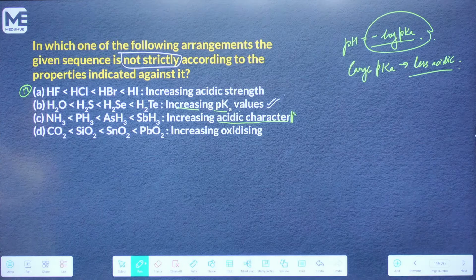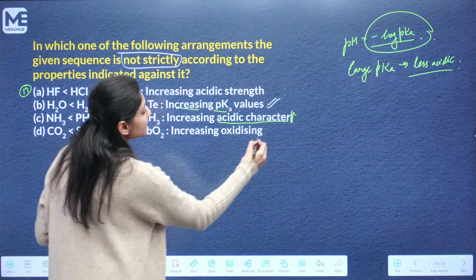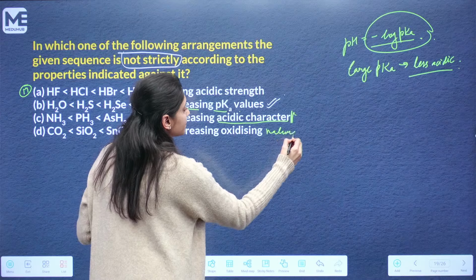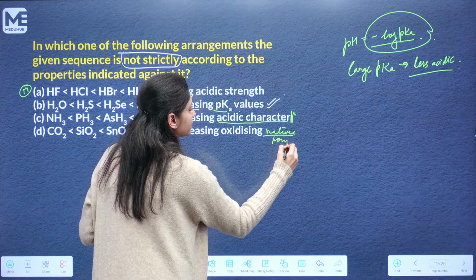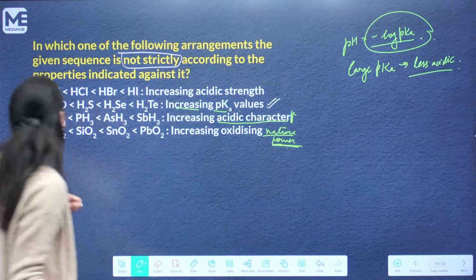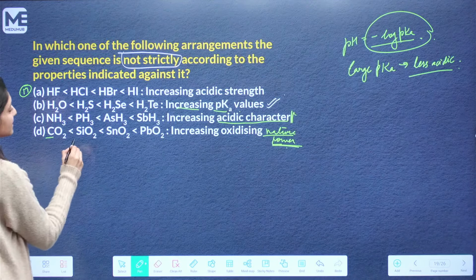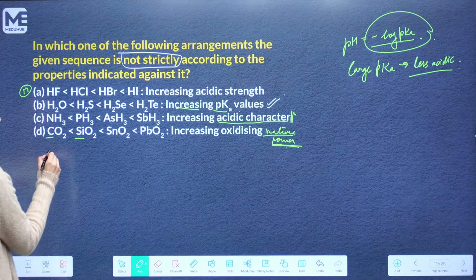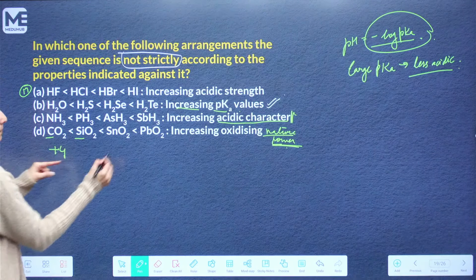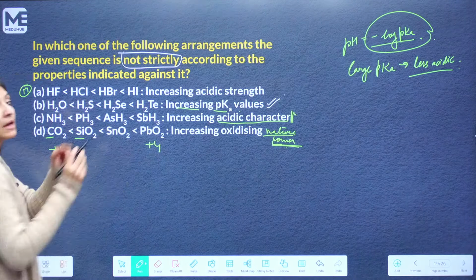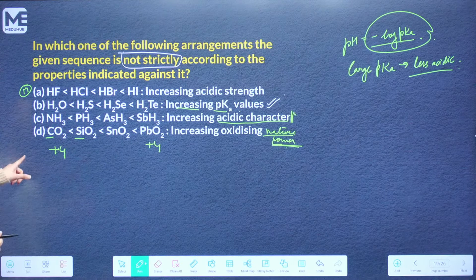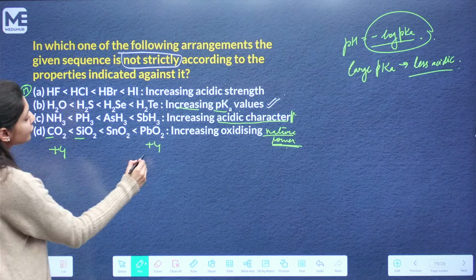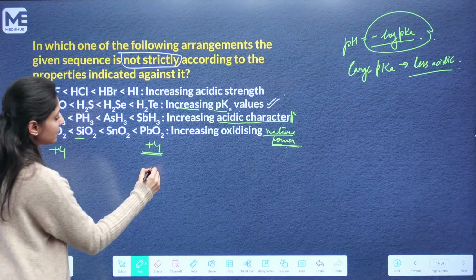Coming to the last option, increasing oxidizing nature or oxidizing power. So this is carbon dioxide, silicon dioxide, and so on. In this carbon family, the element is in the +4 state. What happens on moving down the group? The stability of the +4 state increases, right?